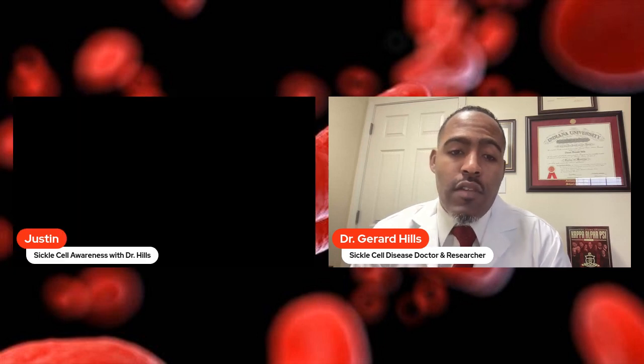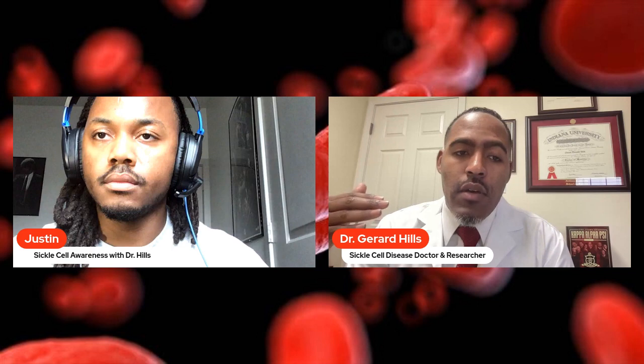It's interesting if you overlay the pattern of where patients are most affected by malaria in sub-Saharan Africa. That's also the same place where you see a lot more sickle cell disease, in those areas where malaria was endemic. That's correct.